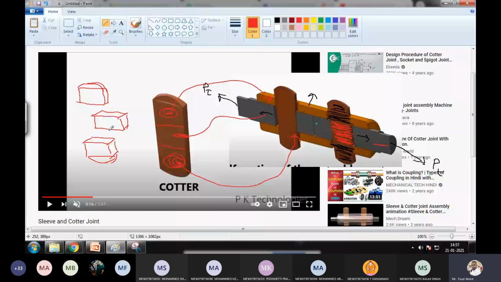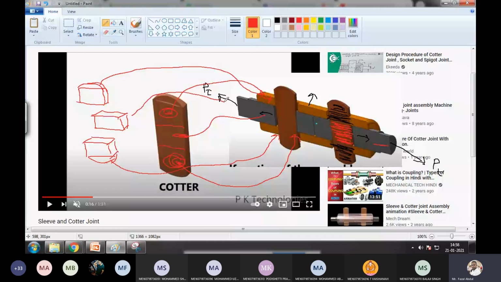This half portion is going to remain in this sleeve. This portion is going to stay in the sleeve. This middle portion comes outside of the joint along with the rod. It means we are applying the tensile load, but on this quarter tangential forces are generating. Because of the tangential forces, shear stress is going to be generated. What type of stress? Shear stress. That is shear load by shear area. That I am writing here.